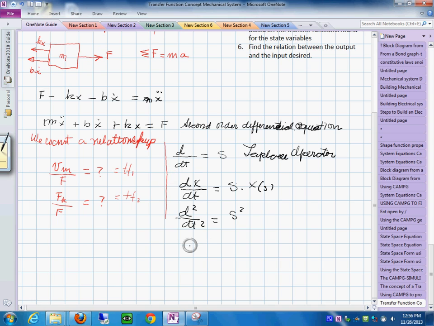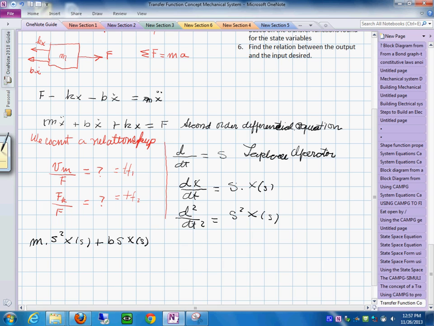We can write over here that m times x double dot becomes m s squared times x of s, plus b times x dot, which in this case is s, so b s times x of s, like this, right?